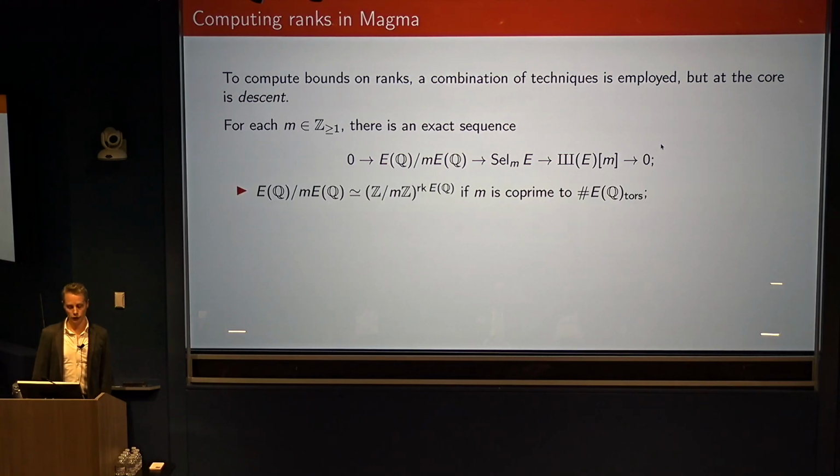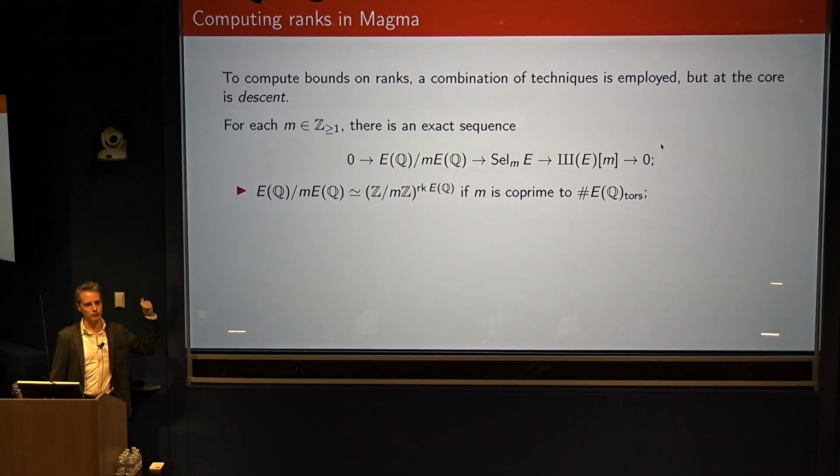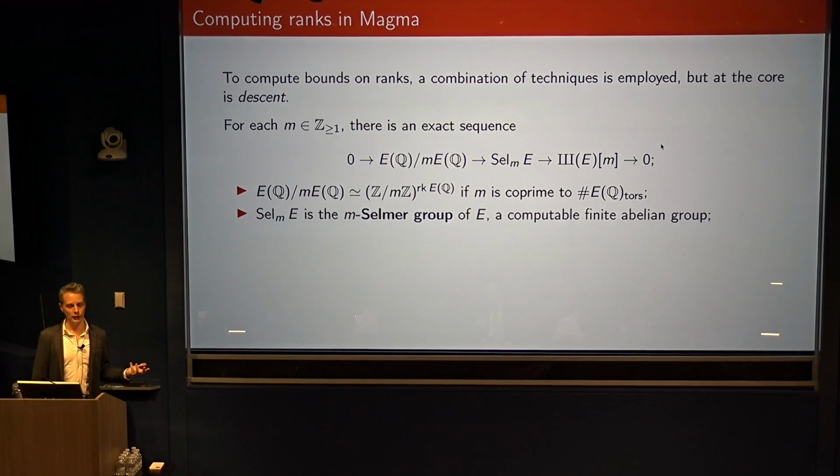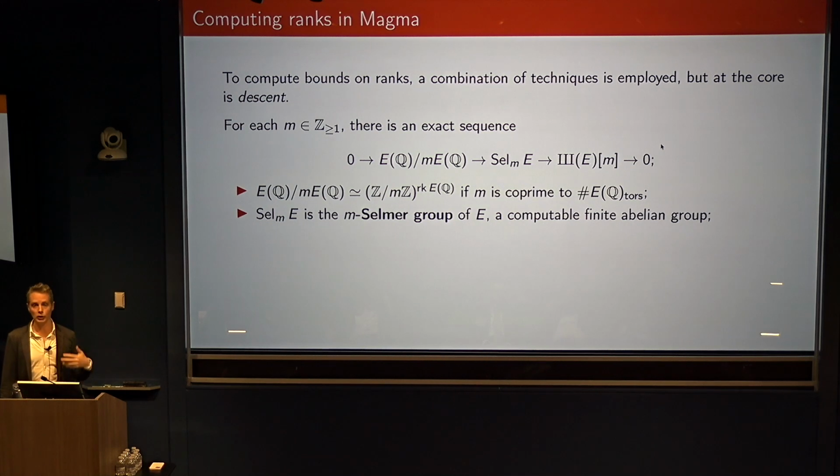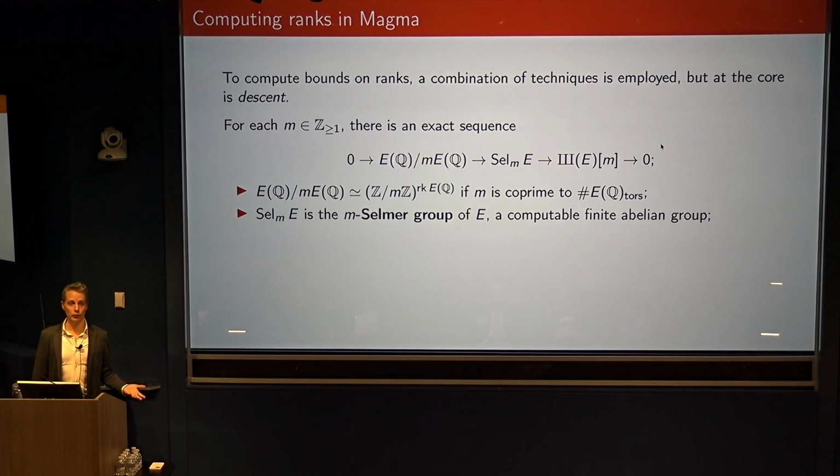So what are all of these groups? It's easy to show that if m is coprime to the size of the torsion, then we could measure the rank by understanding the size of the abelian group, the thing we're interested in on the left-hand side. The thing in the middle is called the m-Selmer group. This group is a computable finite abelian group. Wouldn't it be great if those two groups were just equal?